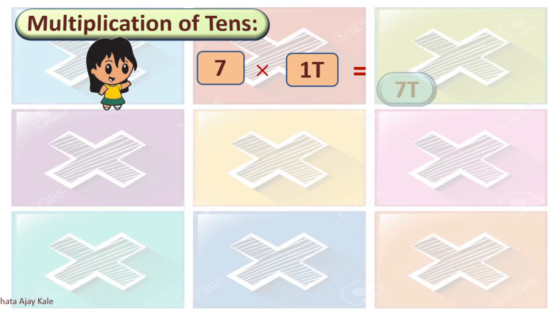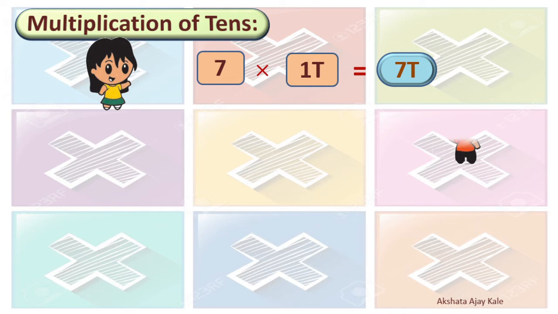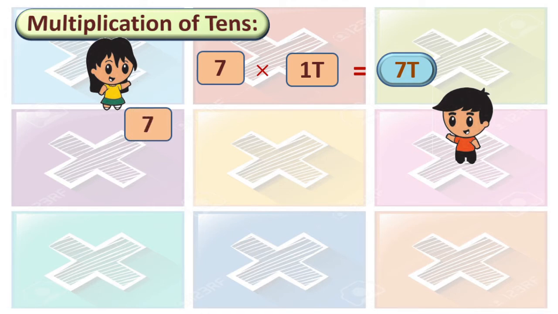Yes, very good Sonu. This is 70, she said. Nice. 7 multiplied by 1 ten is equal to 7 tens. Okay, what about this Monu? Same thing, he will tell in another way. That is 7 multiplied by 10.